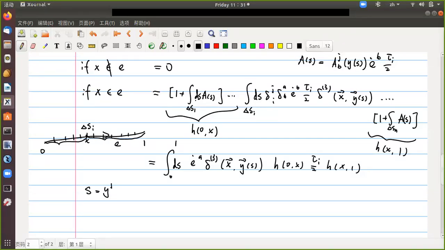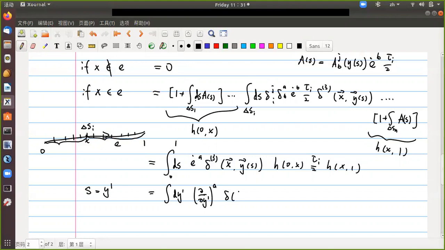Then this ds is just dy1, and e dot a, which is partial y, is just the tangent vector of e, so it's the coordinate basis partial y1.